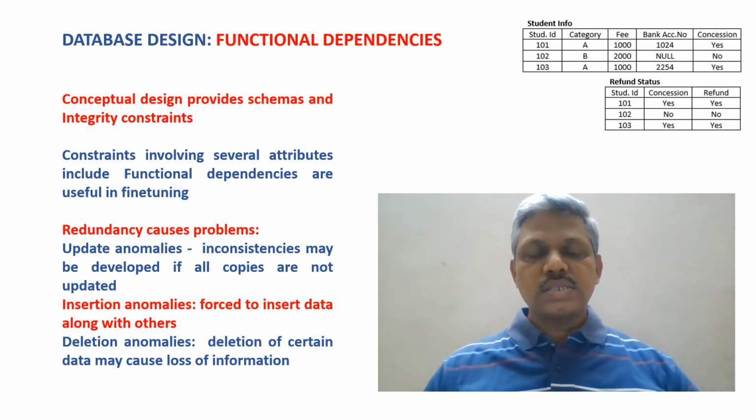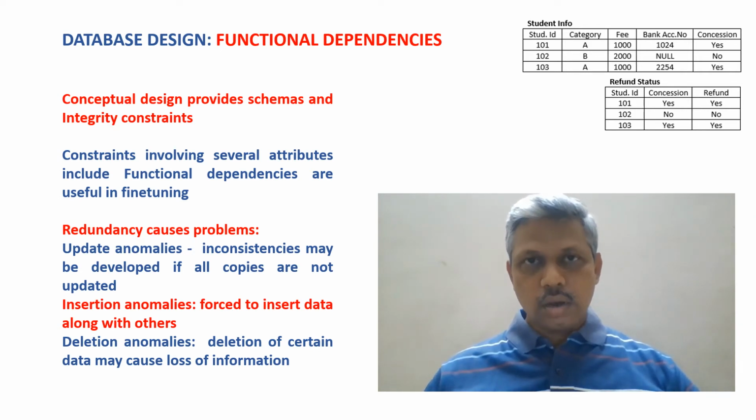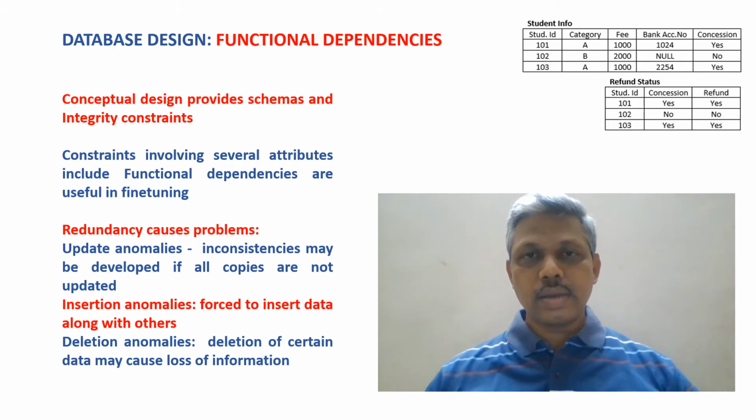The second one is insertion anomaly, where if you want to insert certain values, certain other values are also forced to be inserted. Again, for example, if you look at the bank account number, it may be possible that not all students have bank account numbers. Suppose one new student has been admitted and category and fee are filled, for bank account I have to enter null because I don't have the bank account number.